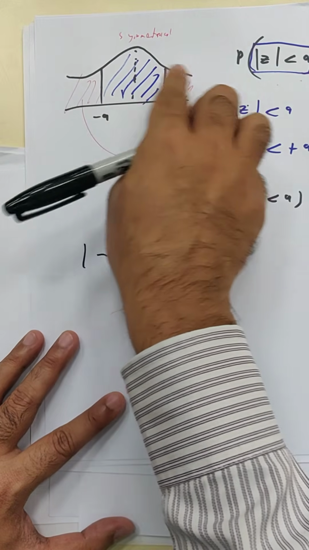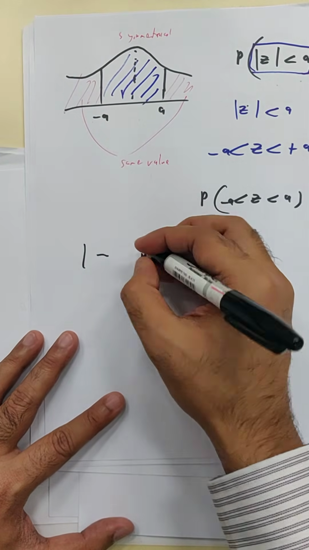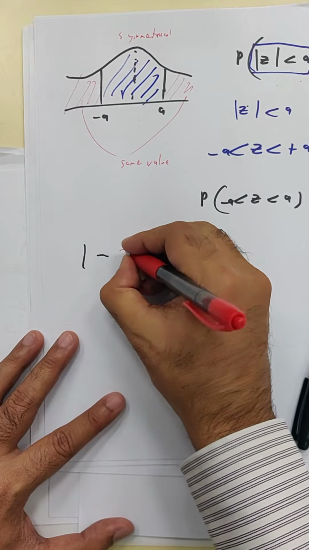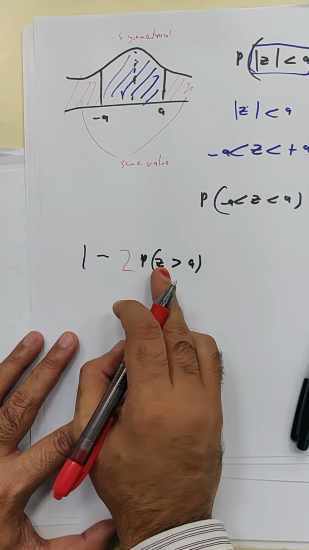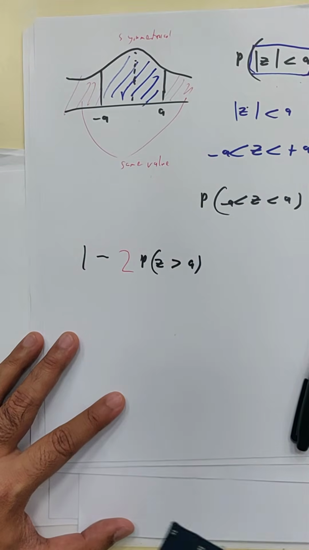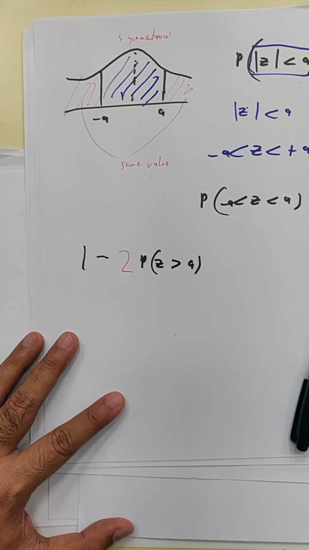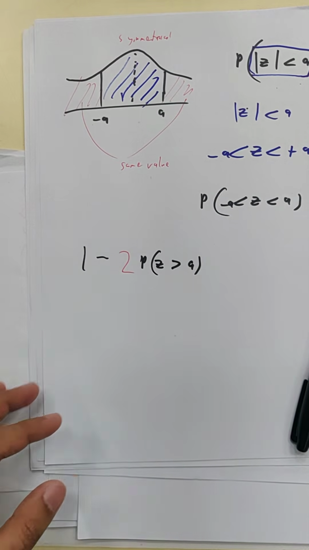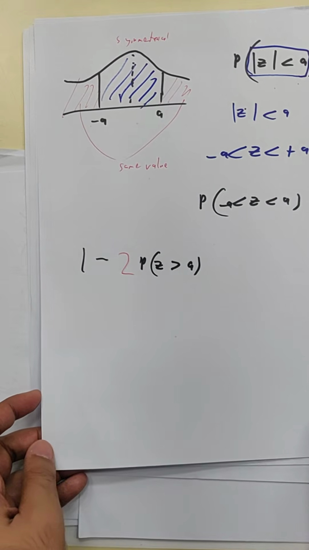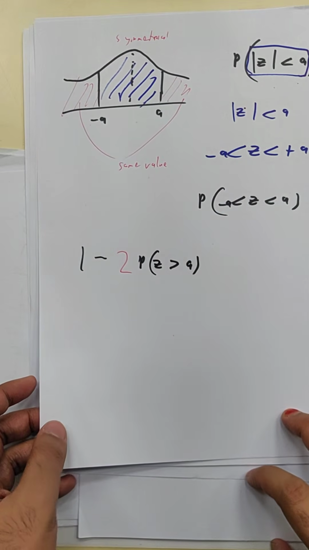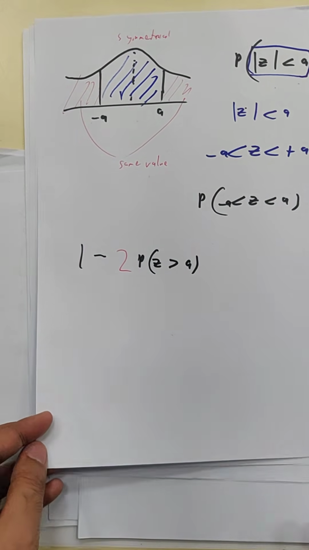That means I can just times 2. 1 minus 2 P of Z more than A. You will get the answers. That's the quickest way of how to get the answers. So moral of the story of this technique is, where it's the negative side, we just flip it up. That's the whole idea.